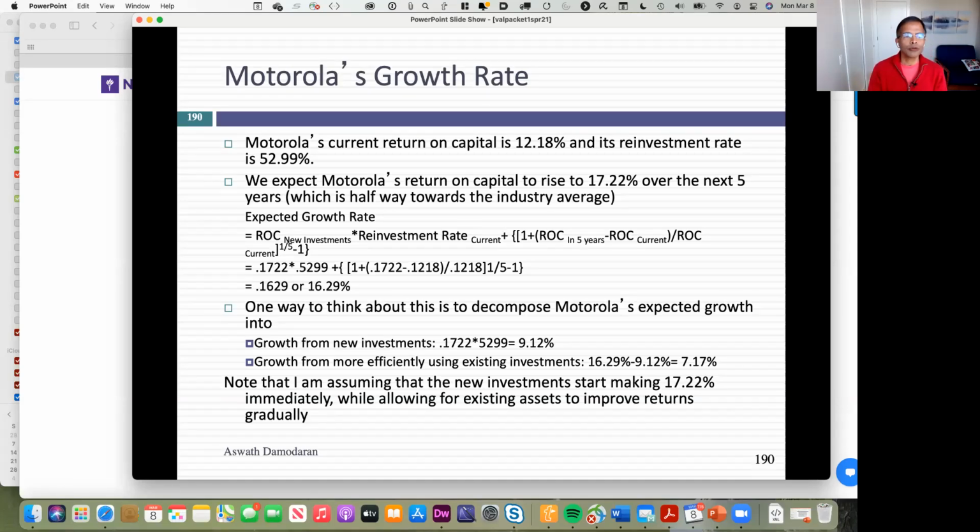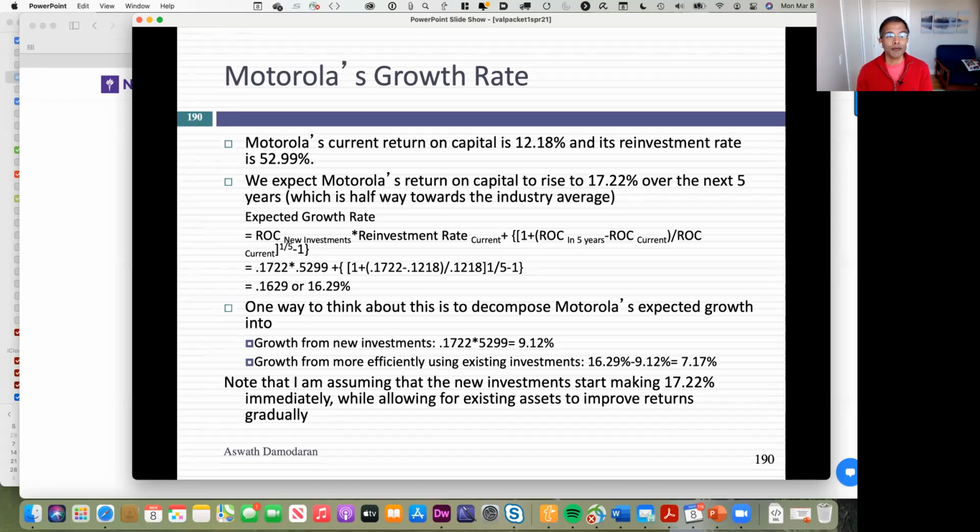When I computed the growth rate for Motorola for the next 5 years, if you just looked at steady state growth, just taking new projects, their growth rate would have been about 9%. But because they were improving their return on capital, they got an extra efficiency growth of 7% a year for the next 5 years. So I actually gave them a 16% growth rate, 9% from new investments, 7% from efficiency.